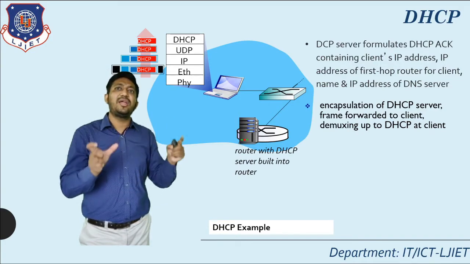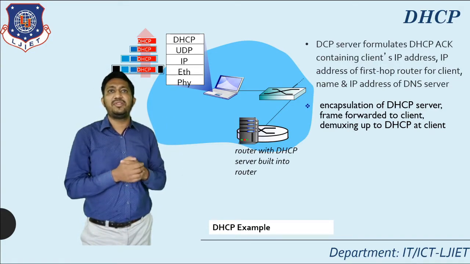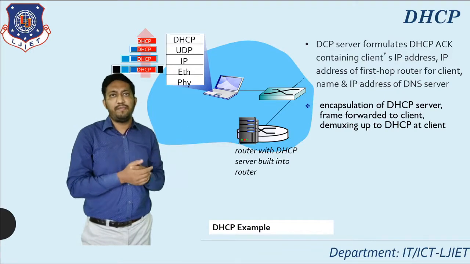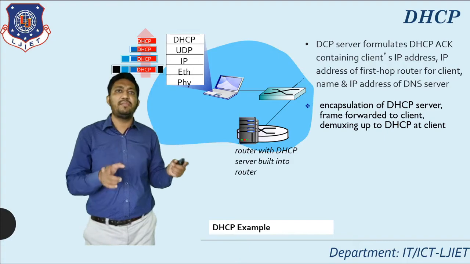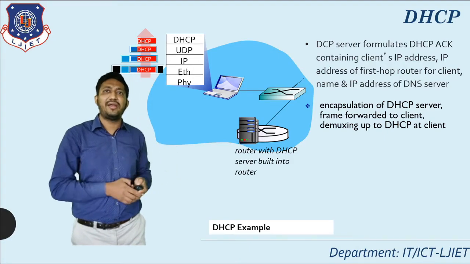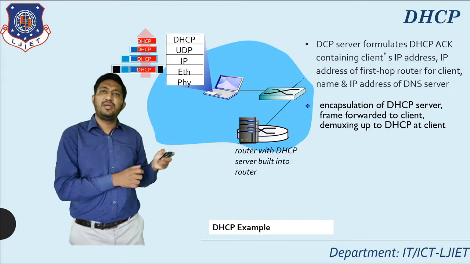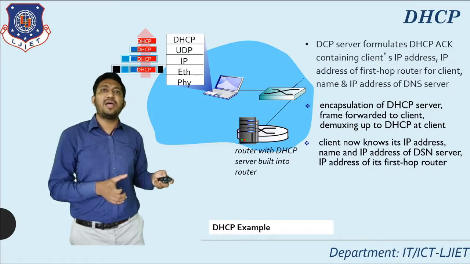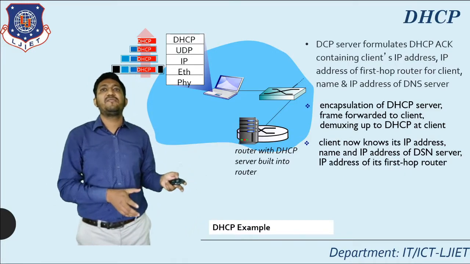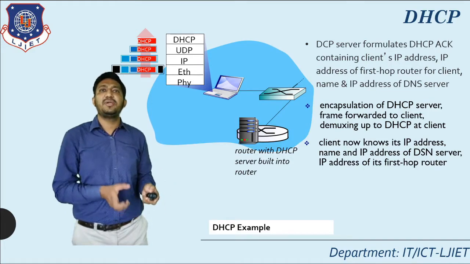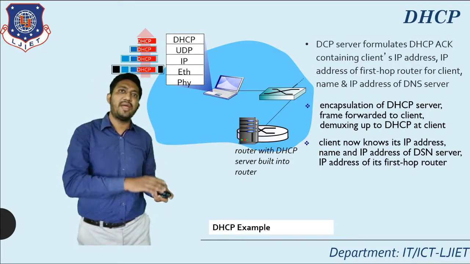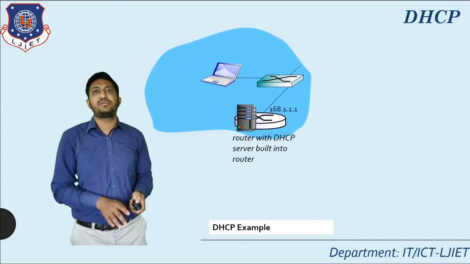So total encapsulation is performed here with the help of this particular packet. The encapsulation of the DHCP server is performed with the frame forwarded to this particular client, and decapsulation will be performed at the client side. And the client now knows the IP address generated by the DHCP server, and it will move that packet to its first hop address.